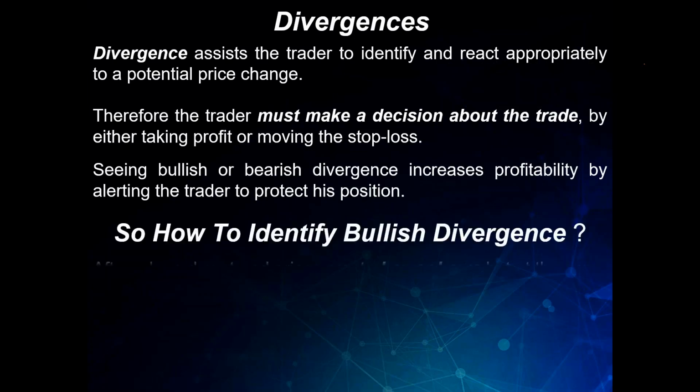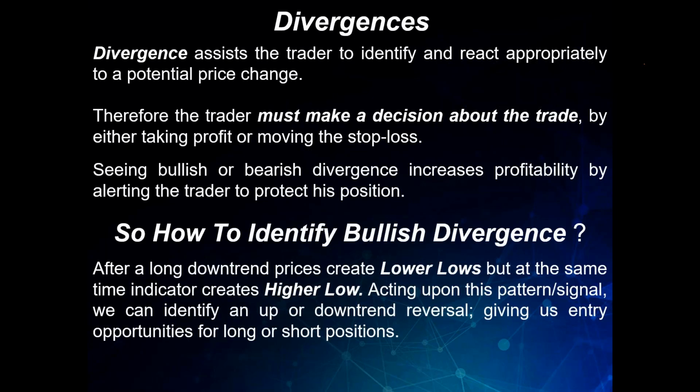So how do we identify bullish divergence? After a long downtrend, prices create lower lows, but at the same time the indicator creates higher lows. Acting upon this pattern or signal, we can identify an upward or a downward reversal, giving us entry opportunities for long or short positions.